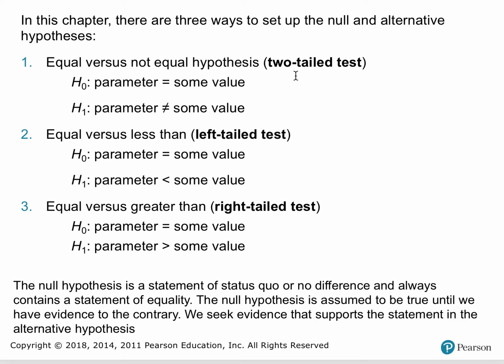Okay, notice that in the left-tailed test, the direction of the inequality points to the left. And in the right-tailed test, the direction of the inequality points to the right. That should be obvious because if you think about a number line and your parameter is assumed to be equal to some value under the current conditions, and you think it's more than that, more than your particular value would be to the right. Less than your particular value would be to the left. Okay?